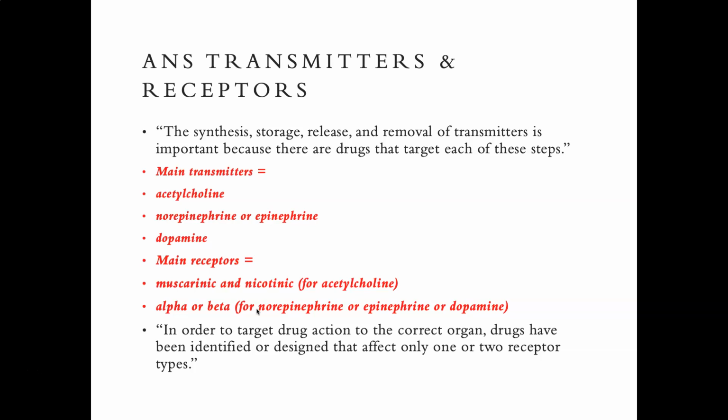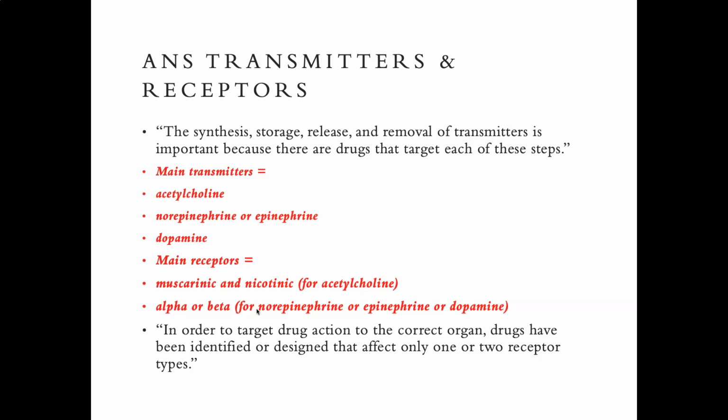And we talked a little bit about this. For acetylcholine, it's seeking out either muscarinic or nicotinic receptors. For norepinephrine, epinephrine, or dopamine, they're going to seek out alpha or beta receptors. You've got to know this. You've got to know that acetylcholine searches out muscarinic or nicotinic receptors.